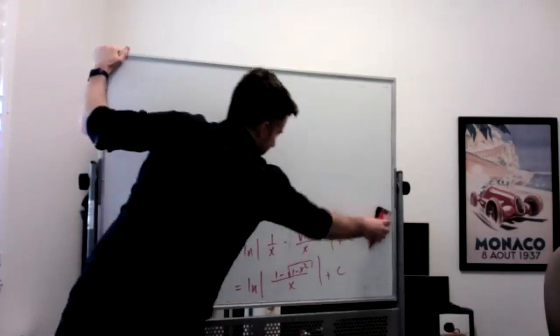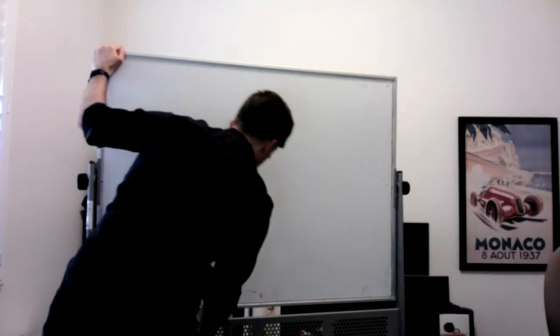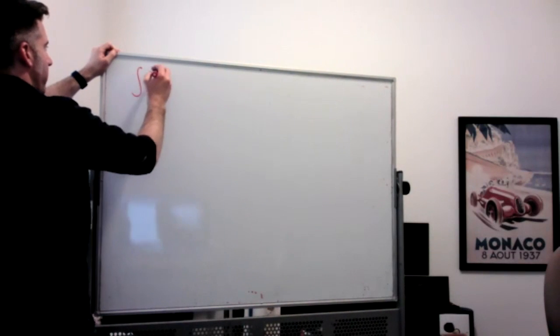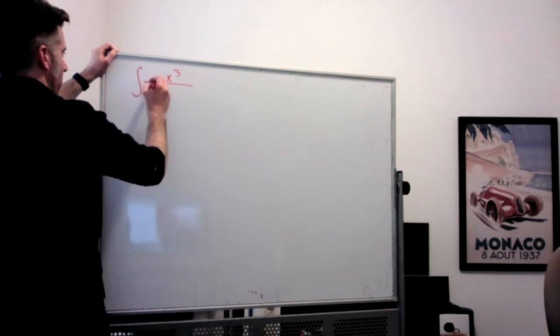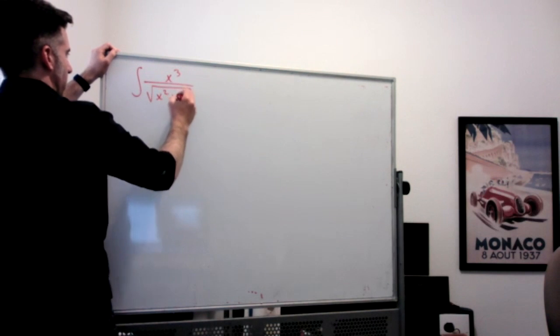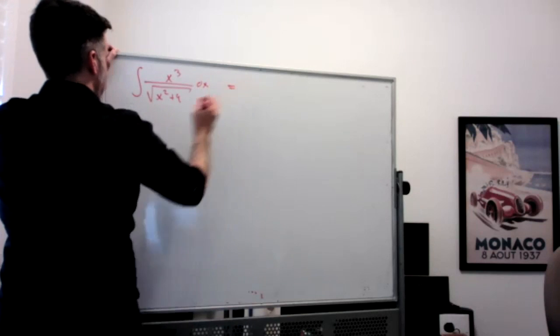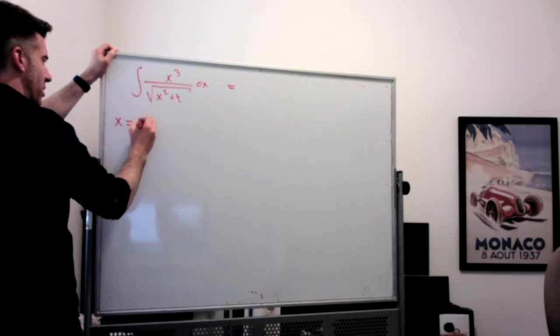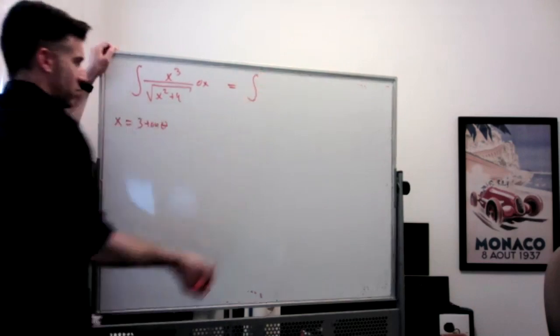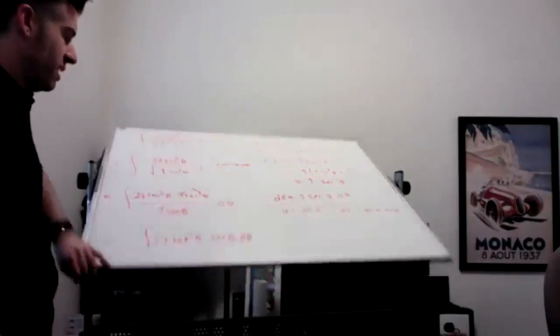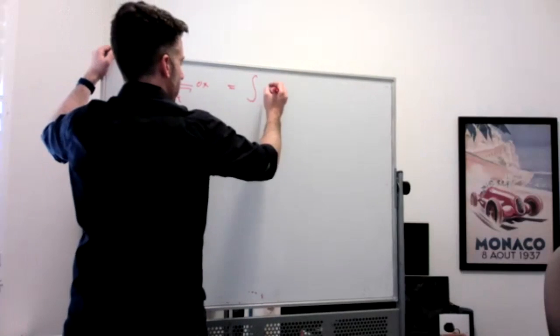So here's what we have so far. We started with the integral of x cubed over the square root of x squared plus 9 dx. We made the trig substitution that x is 3 tangent theta. And then we've got this equal to 27 tangent cubed times secant theta.